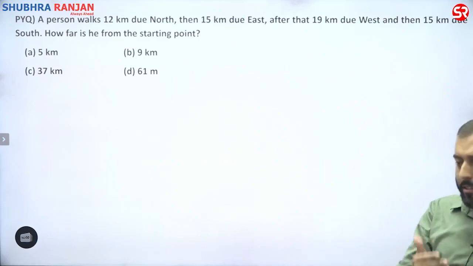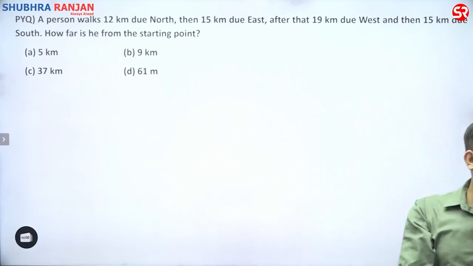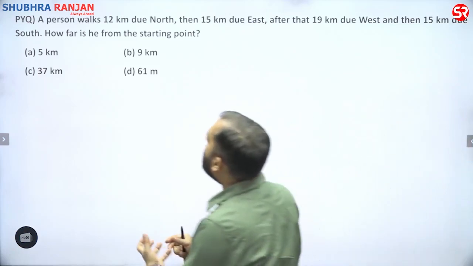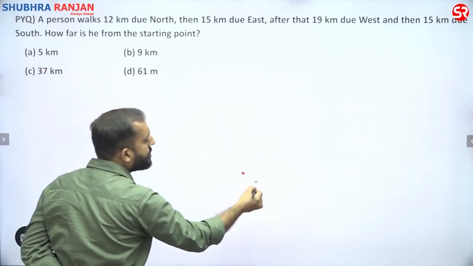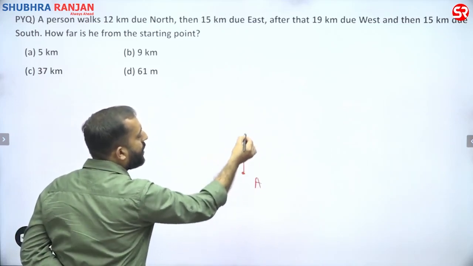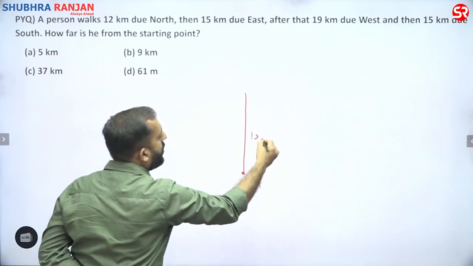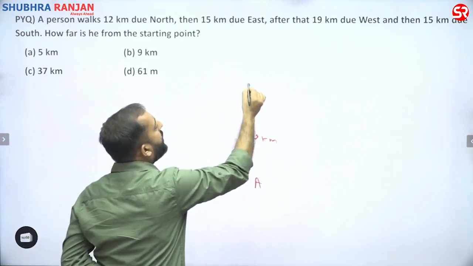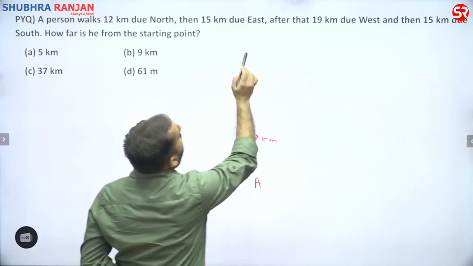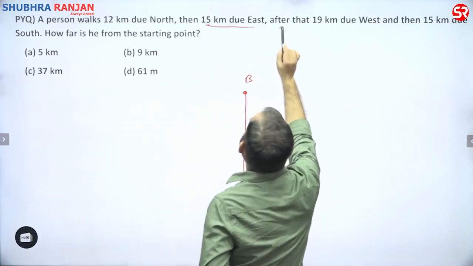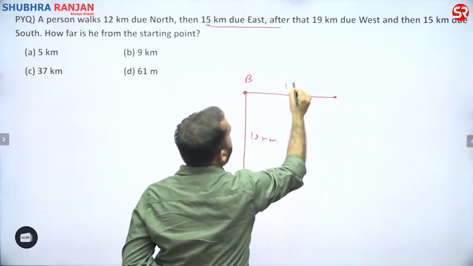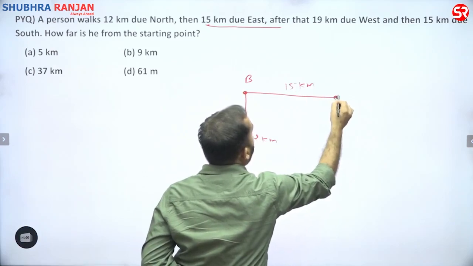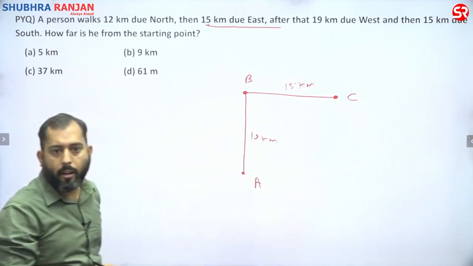5 is the answer. Now see what you can do. A person walks 12 km due north. Let's say that person started from point A, went 12 km north, and reached point B. From point B, 15 km due east. Let's say he reached point C, right?